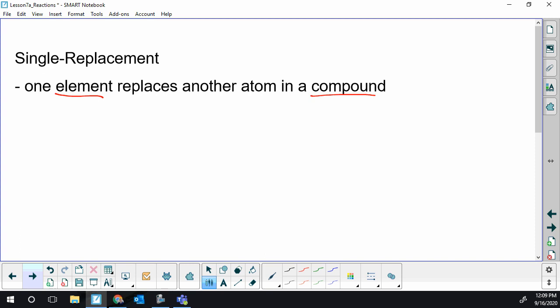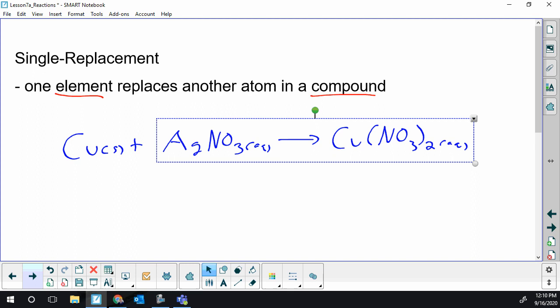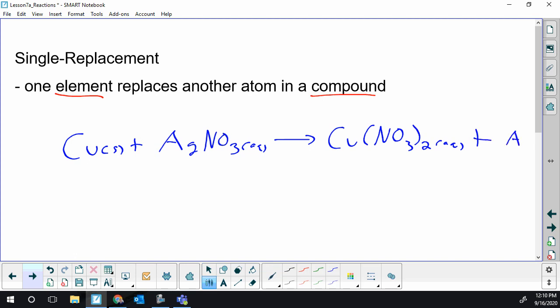And in this compound, we're going to switch or replace something. Ag solid, silver solid.